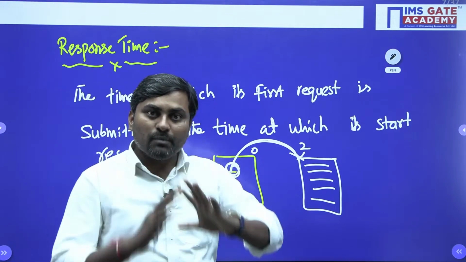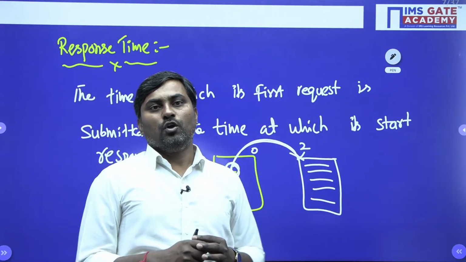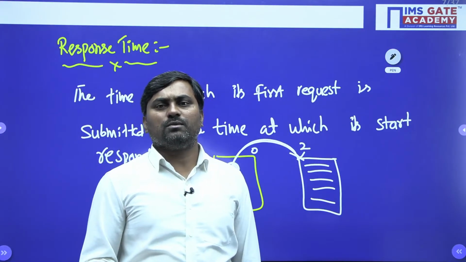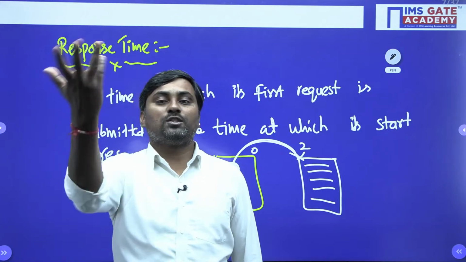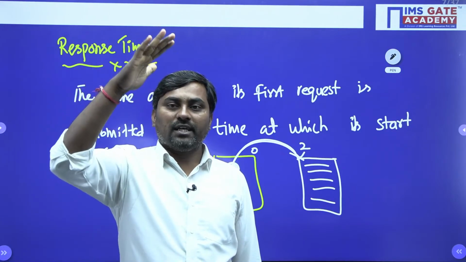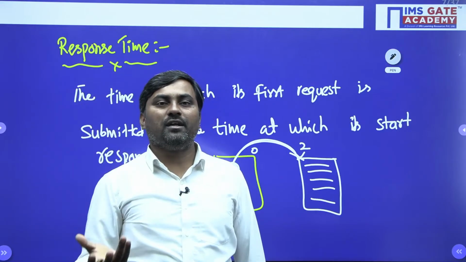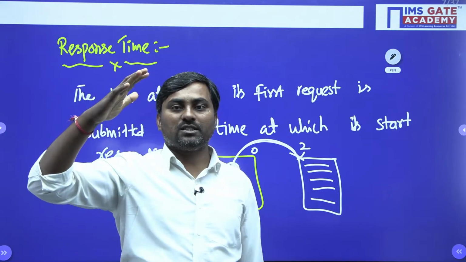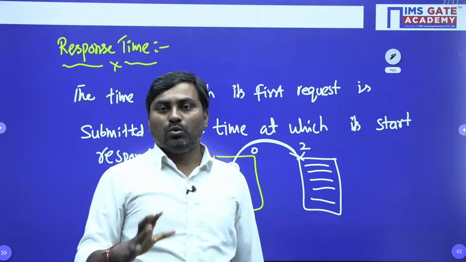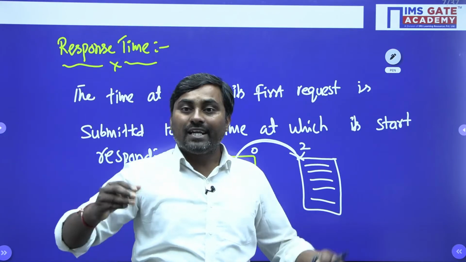Whenever the response time is less, the system is more responsive. You observe that modern operating systems today are more responsive, taking less response time. Earlier systems, if you have experience using Windows 98, 95, 2000, XP, are less responsive, taking more response time.